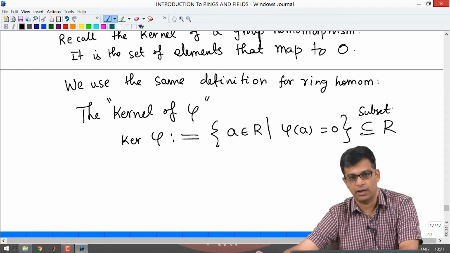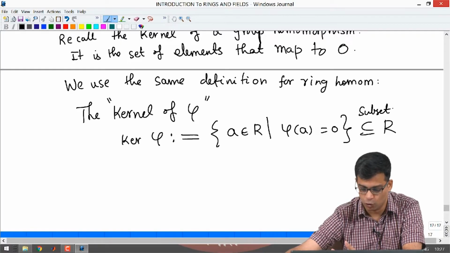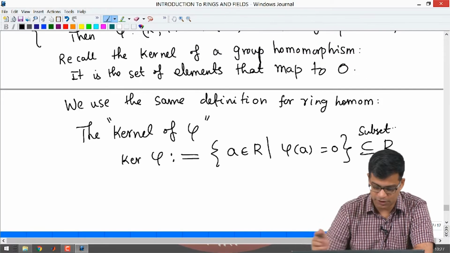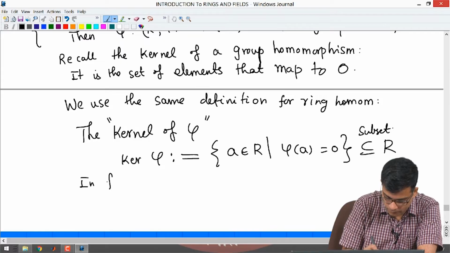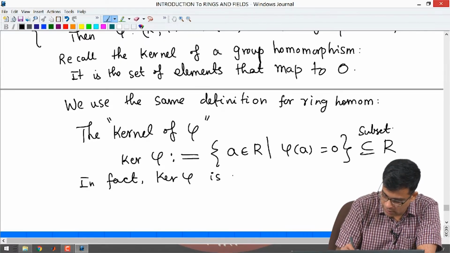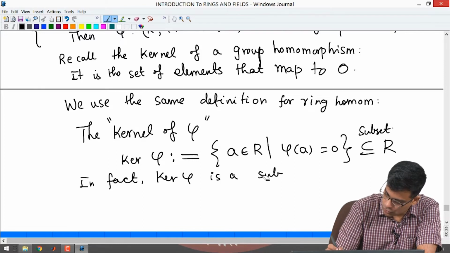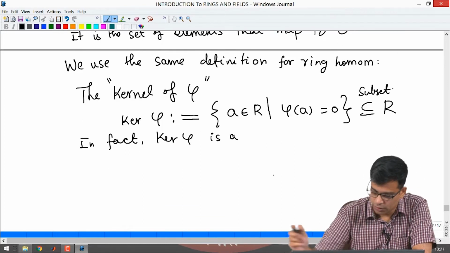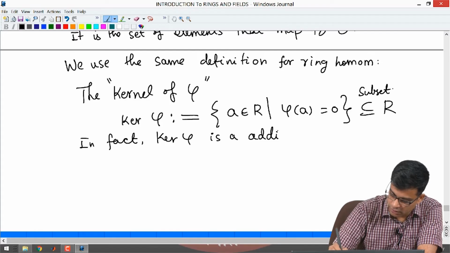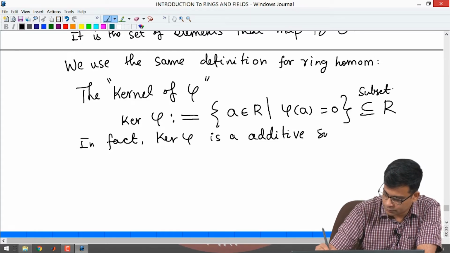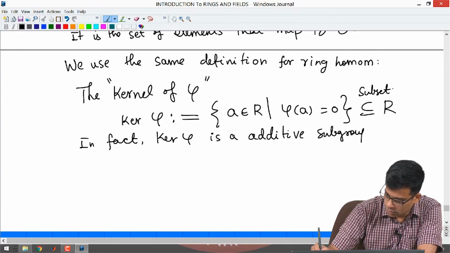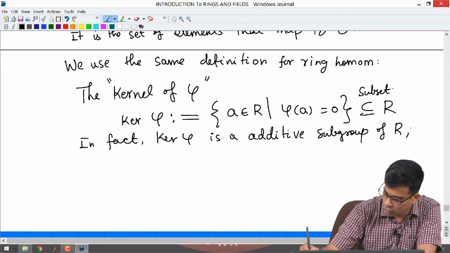But because kernel is really defined using the notion of group homomorphism, it is more than a subset. In fact, ker phi is an additive subgroup of R comma plus.